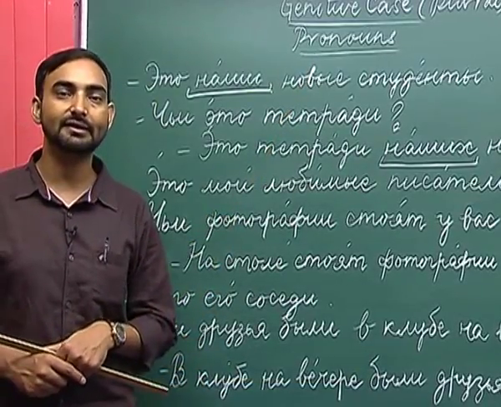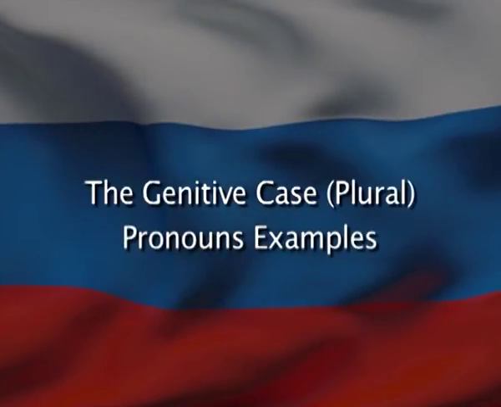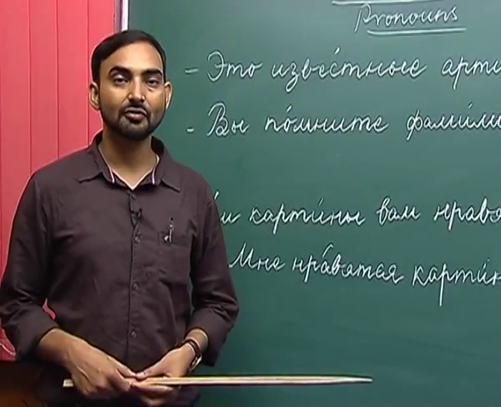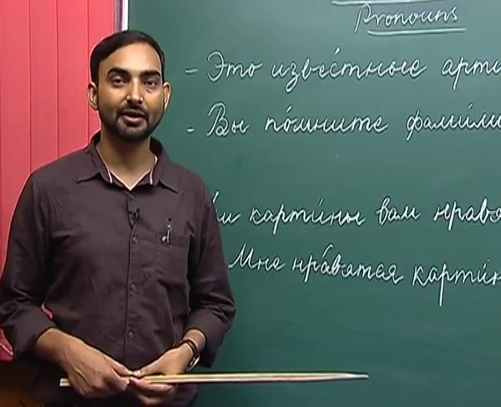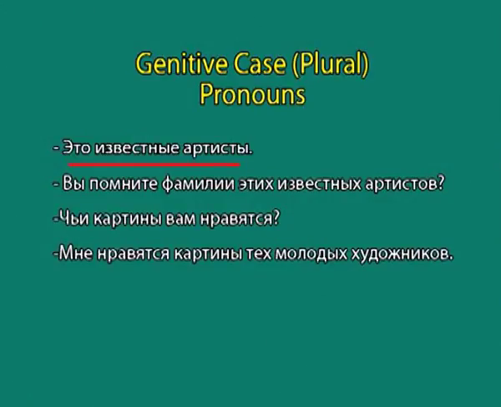Now, we will look at the demonstrative pronouns in the genitive plural. Let us look at the declension of demonstrative pronouns in the genitive case plural. Это известные артисты. These are popular artists.